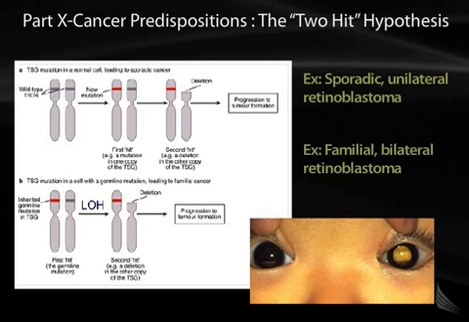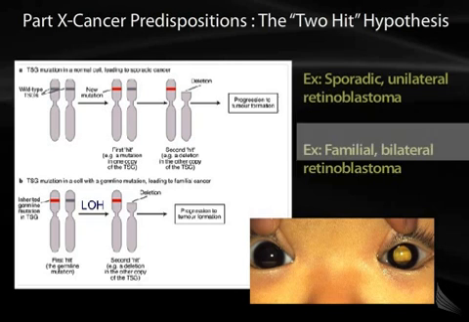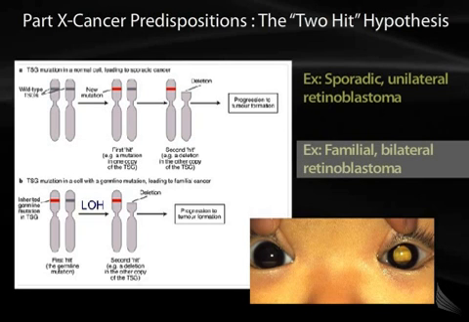You have to have two mutations because one would not be sufficient. In this case, you would see sporadic unilateral retinoblastoma. In the case of familial bilateral retinoblastoma, you have inherited a germline mutation from your mother or your father. So you're already starting with one hit. Therefore, all you need is one more hit instead of two hits, which makes you more predisposed to developing the cancer.